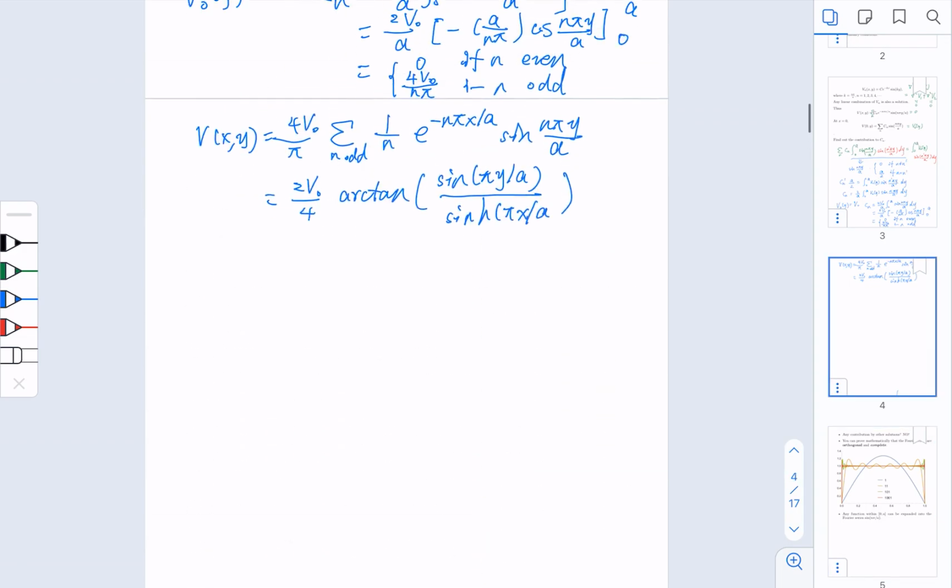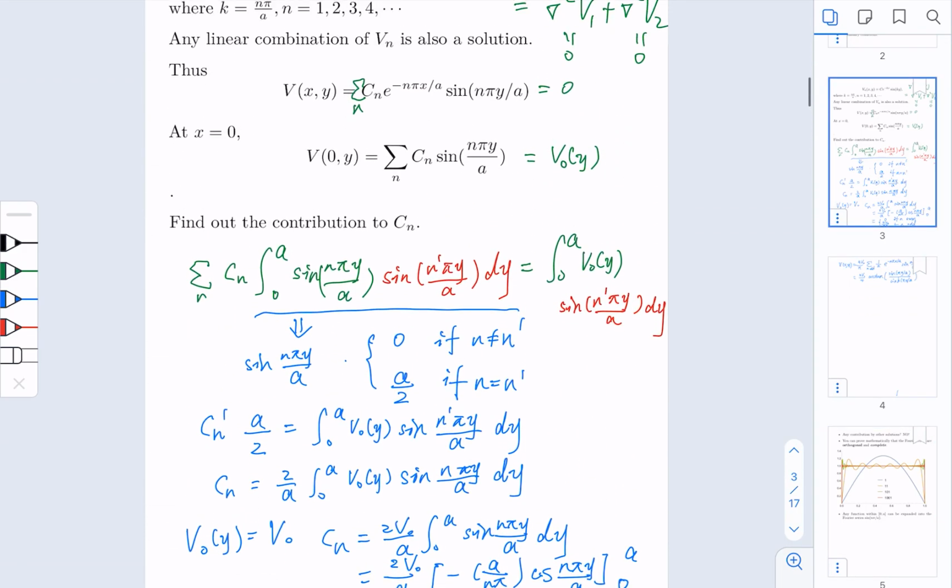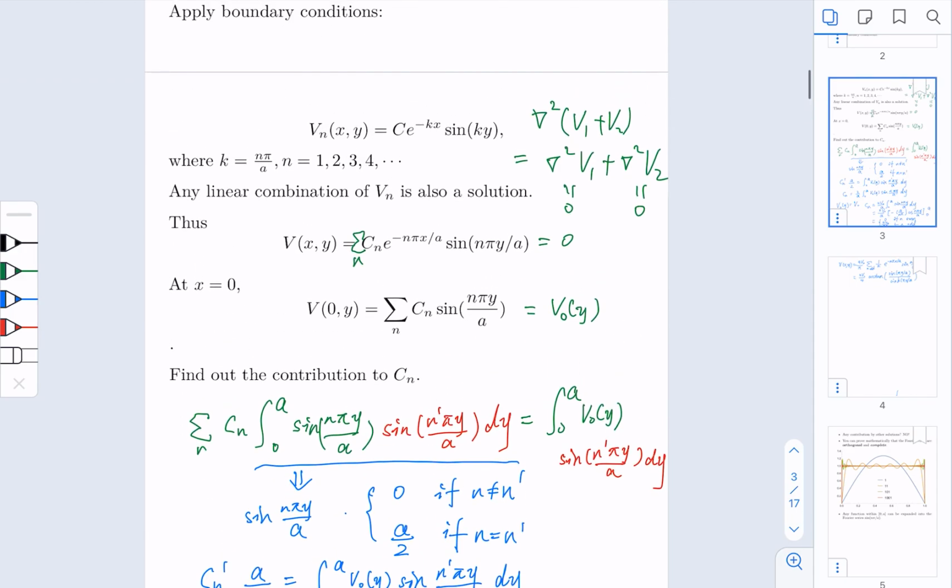Now if we take that as granted, then this means all of this basis is the complete set of possible solutions. As long as v of y is any function that you specify on the boundaries, you can always find the Cn index.